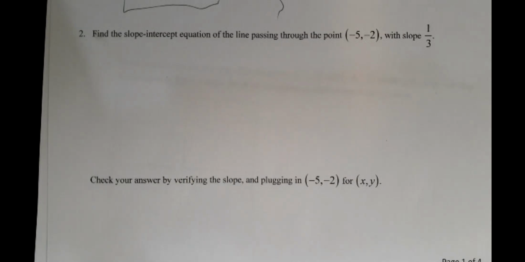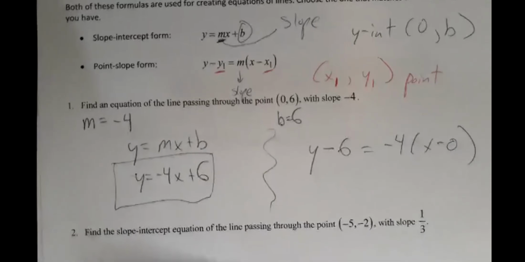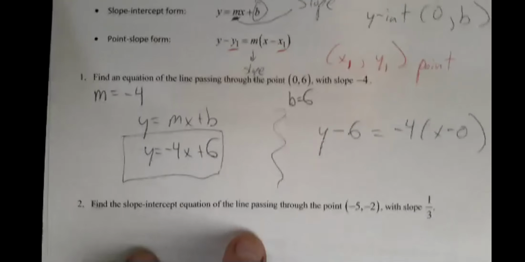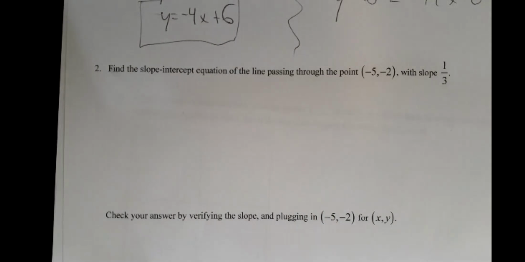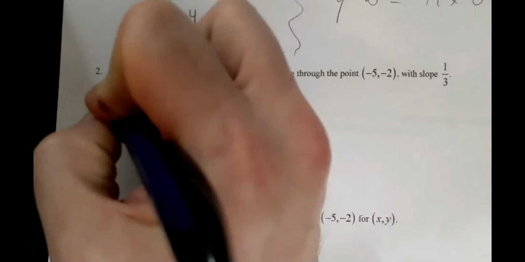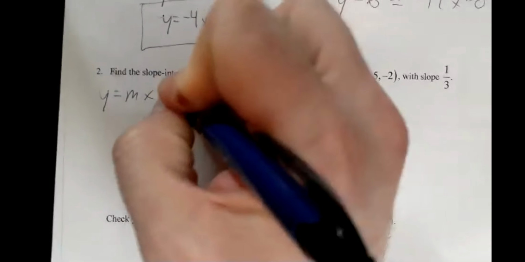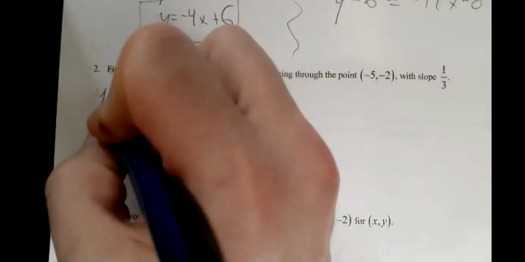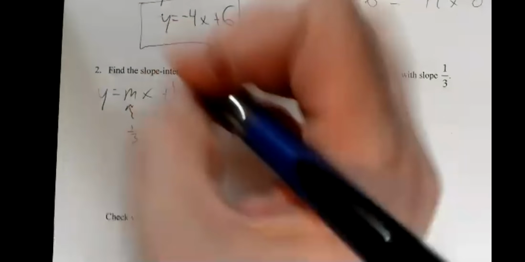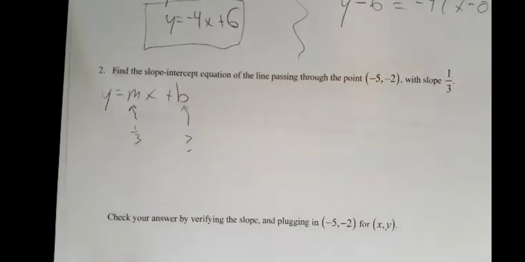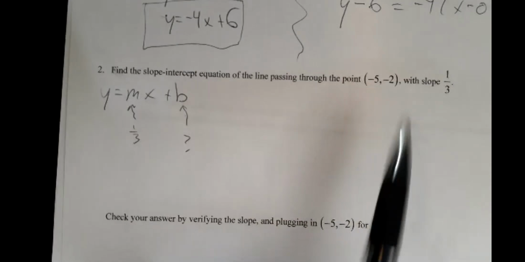So for this one, which formula are you going to use? Are you going to use slope intercept or point slope form? If you go with slope intercept, we know the slope is 1/3, but if we try to plug in a b, I'm not exactly sure what you're going to plug in because they don't give us an intercept, right?